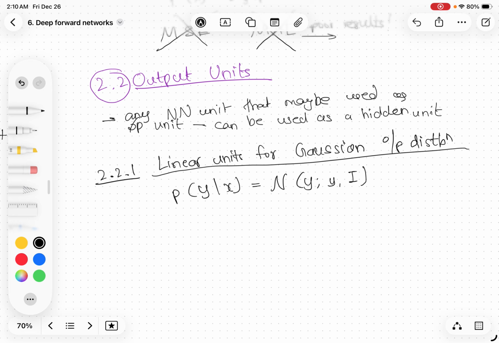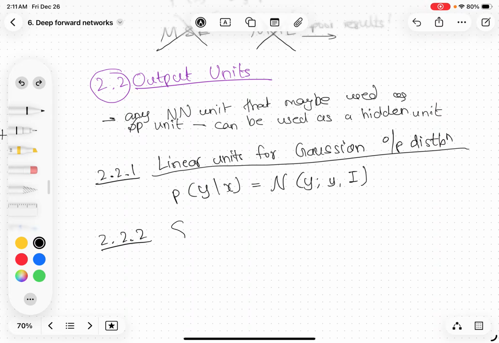So maximizing the log likelihood is equivalent to minimizing mean squared error. Because linear units do not saturate, they pose little difficulty for gradient-based optimization algorithms and may be used with a wide variety of optimization algorithms. So let's move to the next one, which is sigmoid units.